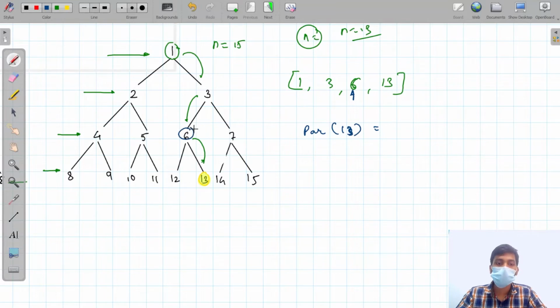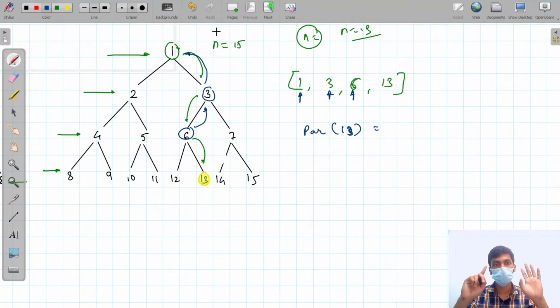Similarly, if I'm standing at 6 and I somehow got the value of 6's parent, then that is going to be a valid path, included in my path. And somehow I was able to get the parent of 3, then that is going to be my answer. And the terminating condition is just going to be, if my answer contains 1, that means I have reached 1, then terminate from there, that is going to be my answer, right?